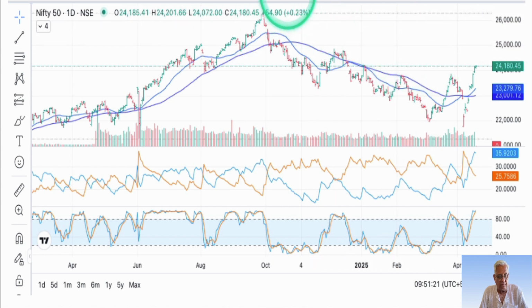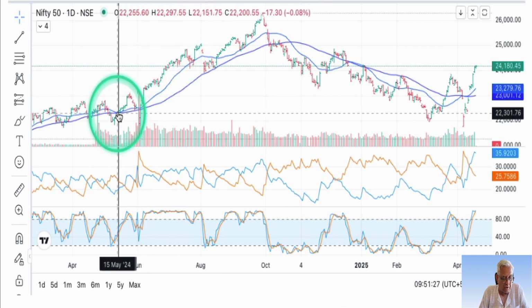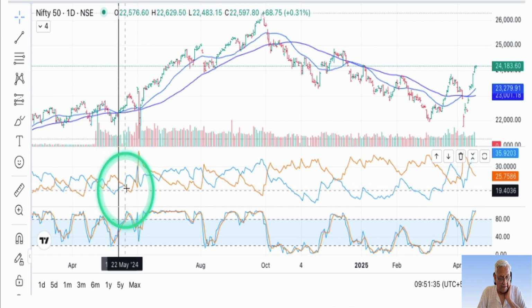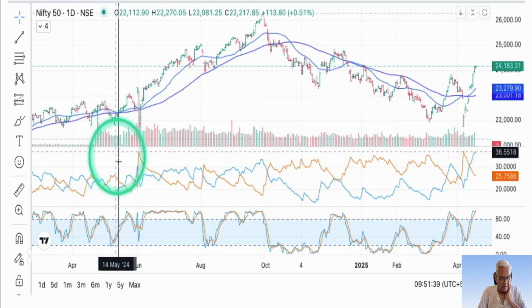Alright, now what we would have done, we would have first bought over here because you found that there is a crossover here. Now there you can see that the negative DI is going down and the positive DI is going up. Alright, so that's a good one.